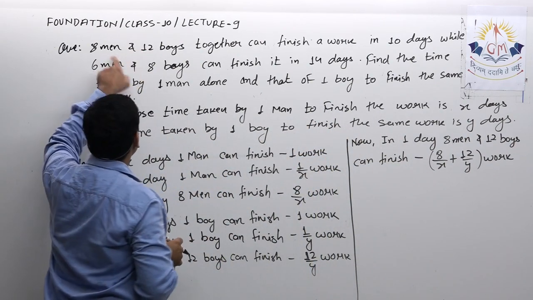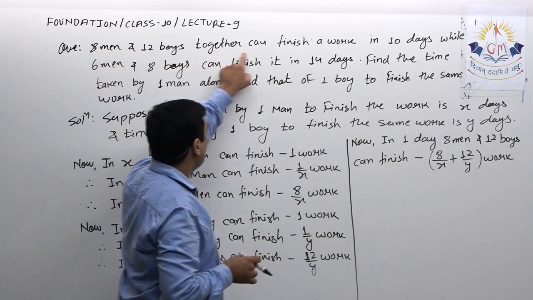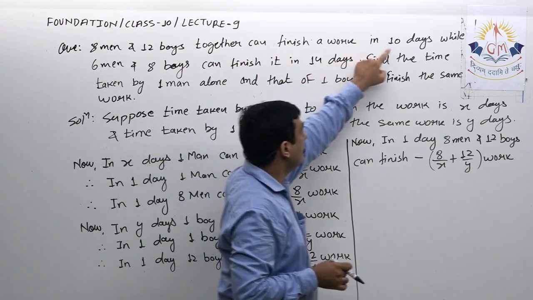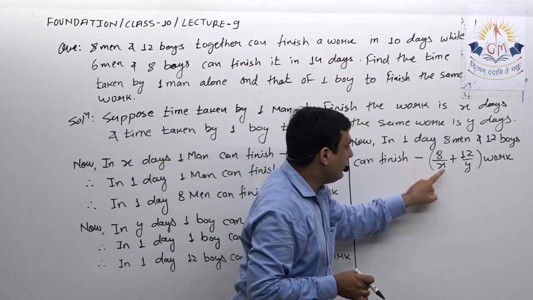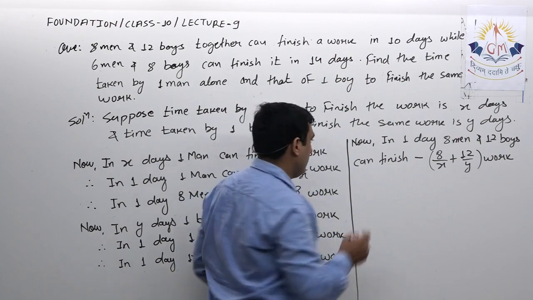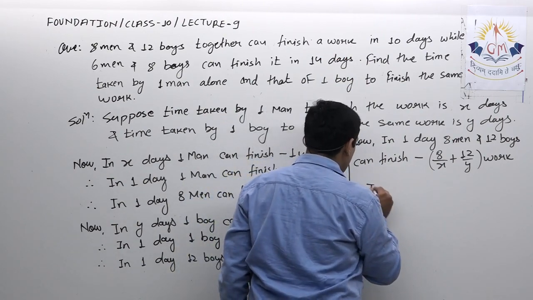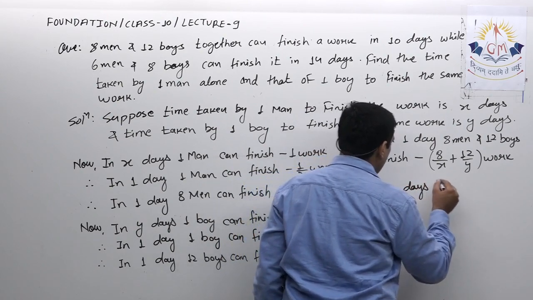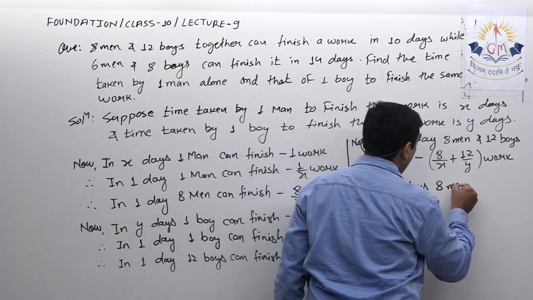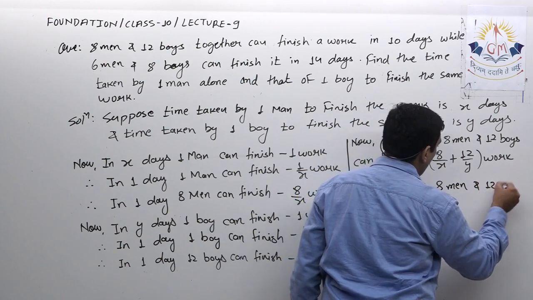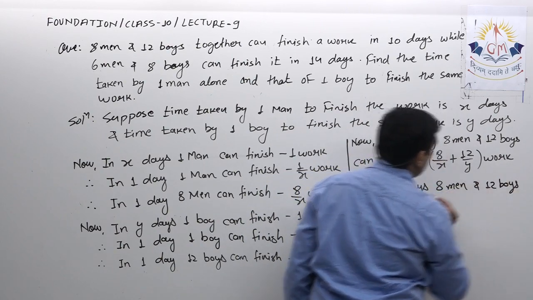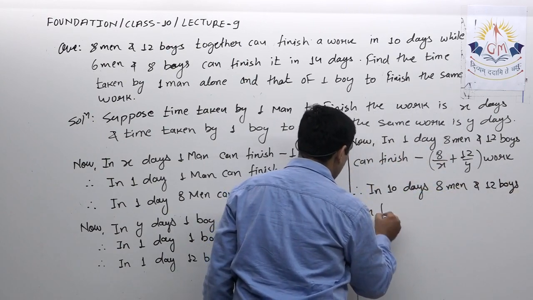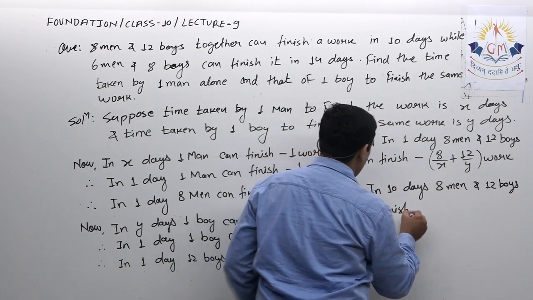Now read the question. 8 men and 12 boys together can finish a work in 10 days. So this is the one day work. Now we'll find the 10 days work. In 10 days, 8 men and 12 boys can finish how much work? See, it's very simple.